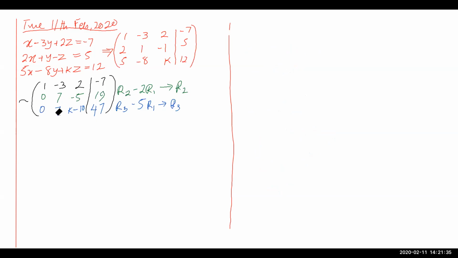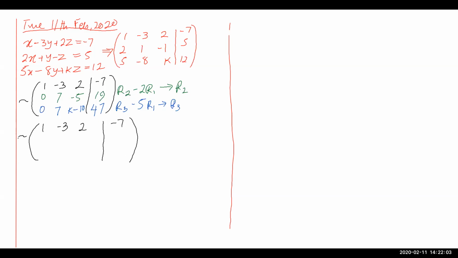So we move on. So now this 7 needs to be 1, and this needs to be 0. So we have 1, -3, 2. Some space here because now this is becoming a term.